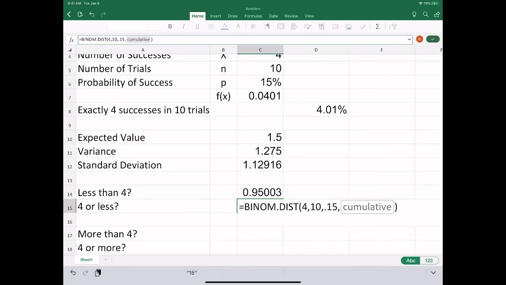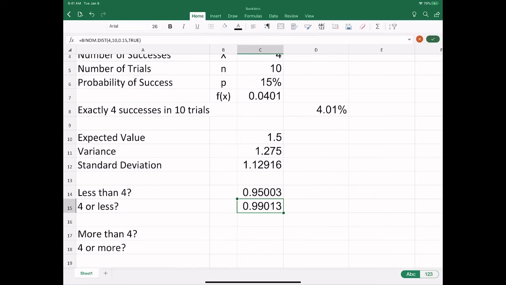I could have said 15%. And again, this is going to be true because I want a cumulative number. When I hit the green check, it comes out 0.99 instead of 0.95. You say, well, that's not all that far apart. In terms of statistics, it's like a mile. You want to be sure that you entered your data properly.